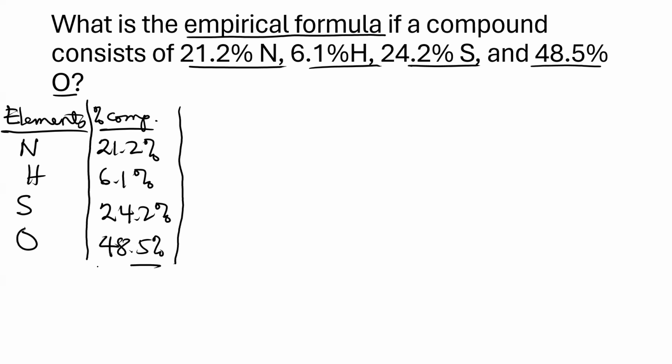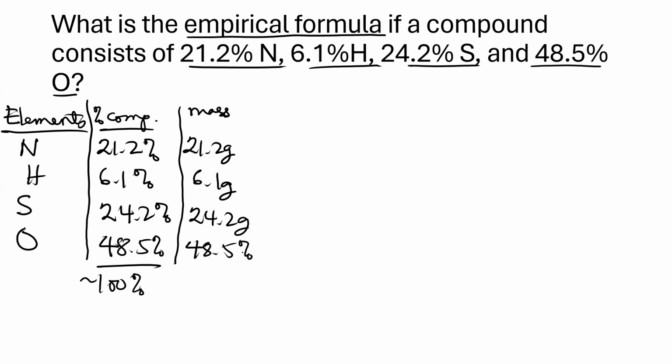Now that totals to roughly 100%. Therefore, we can assume in a 100-gram compound that the masses of these elements would be 21.2 grams for nitrogen, 6.1 grams for hydrogen, 24.2 grams for sulfur, and 48.5 grams for oxygen. So approximately that would be 100 grams.